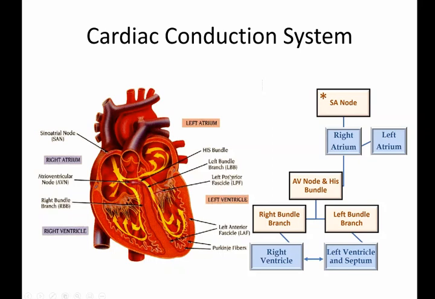That is known as enhanced automaticity. And sometimes in abnormal conditions, the conduction from the SA node, that is from the atria to the ventricles, may be problematic. That is, there is a delay or block in conduction from atria to the ventricles, which we call atrioventricular block.